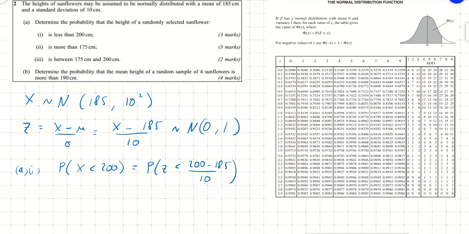If we're looking in terms of z, we have to convert this 200 into 200 minus 185 over 10. And 200 minus 185 is 15, over 10, so it's the probability that z is less than 1.5.